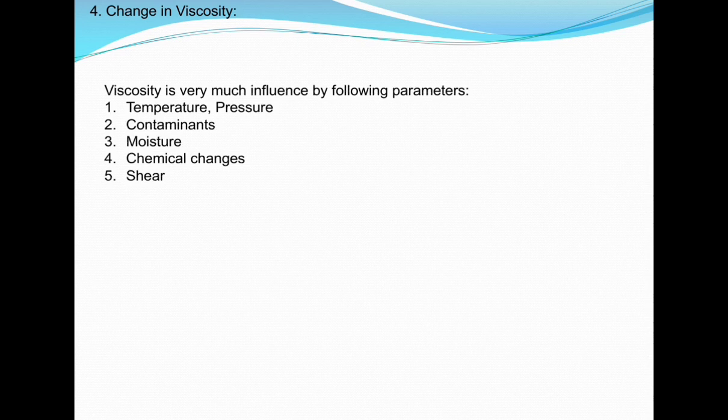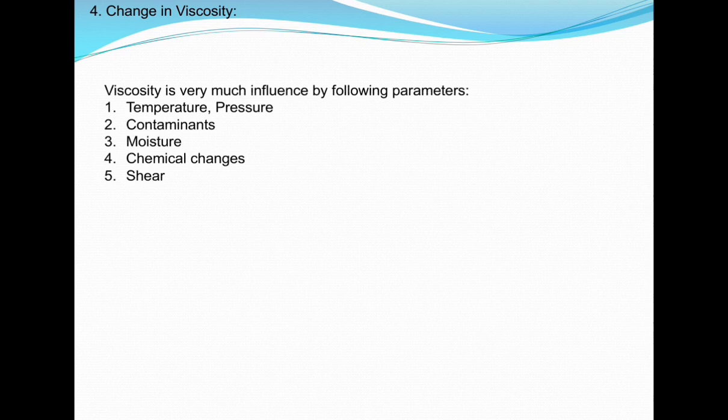Now you see, the fourth one is change in viscosity. As I already said, viscosity is of two types. It may be absolute viscosity, it may be kinematic viscosity. So viscosity of oil, you know, that stickiness of the oil, the resistance to flow, that is nothing but the viscosity. Normally the viscosity is measured at 40 degrees centigrade temperature.